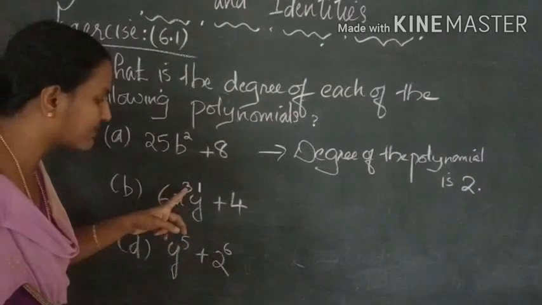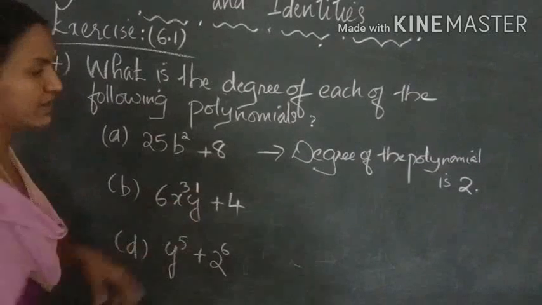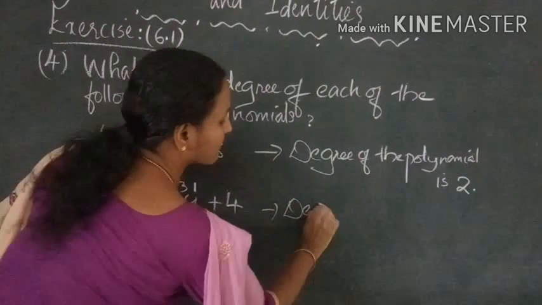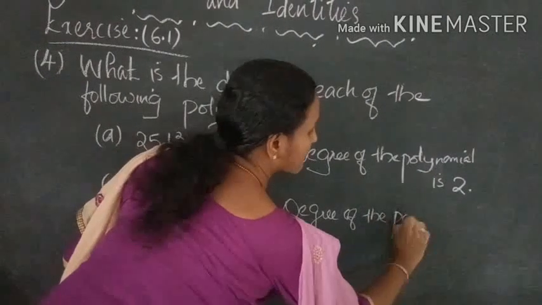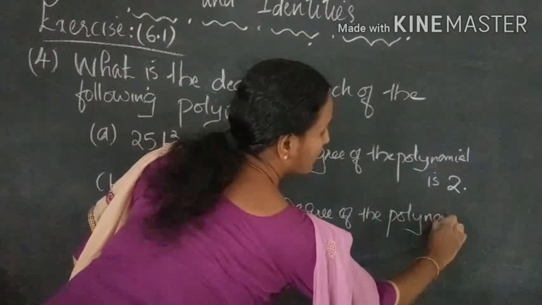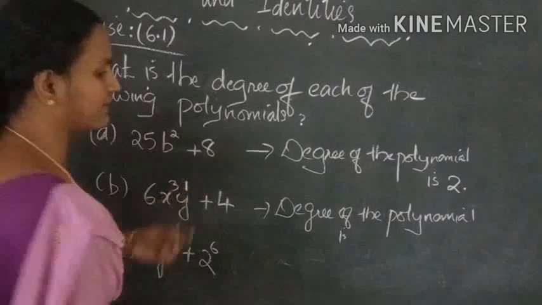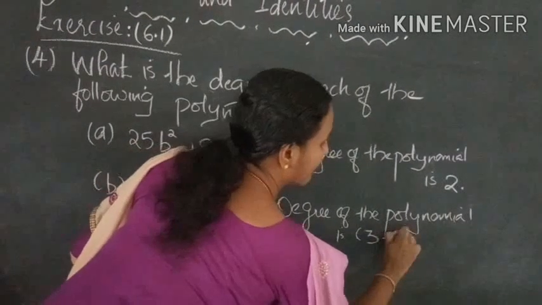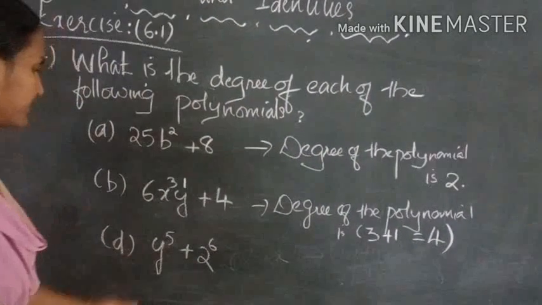Here the powers are 3 and 1. So add 3 plus 1, 4. So the degree of the polynomial is 4.